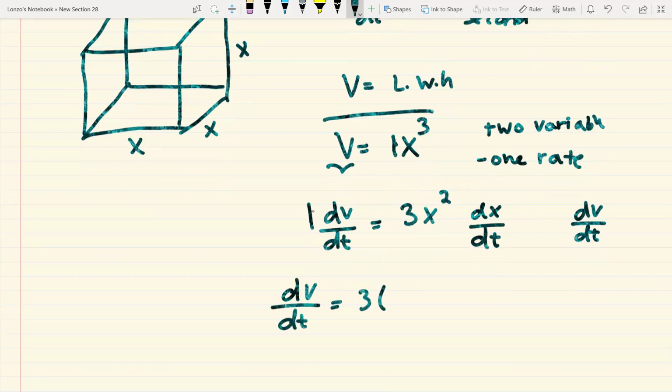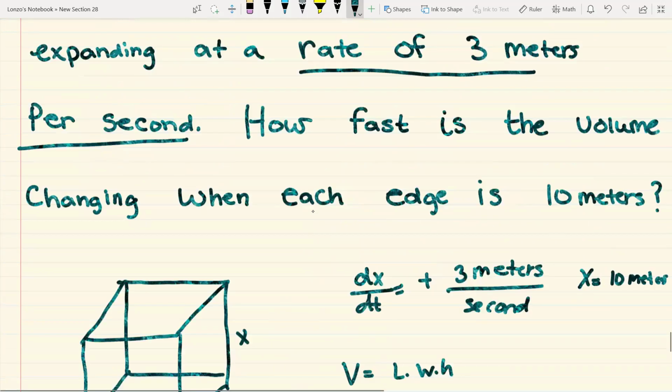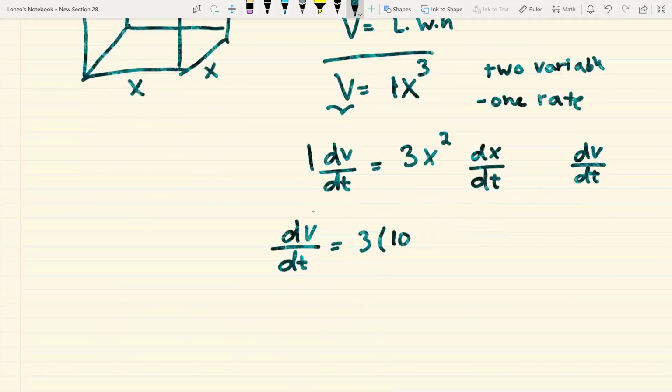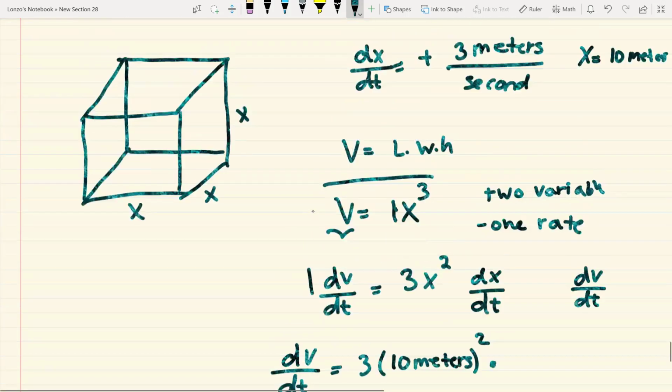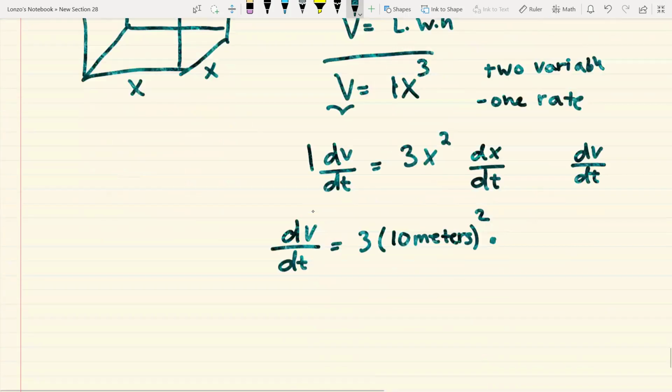So 3, and we said our x is 10 meters, and we have to square that, times dx/dt, which is 3 meters per second.